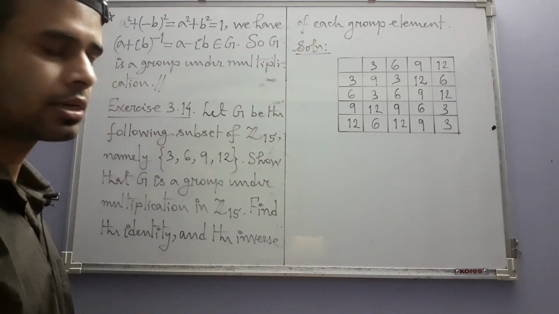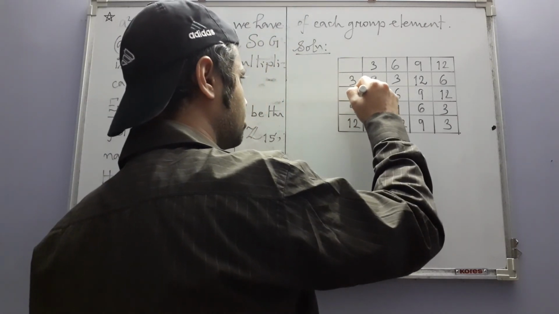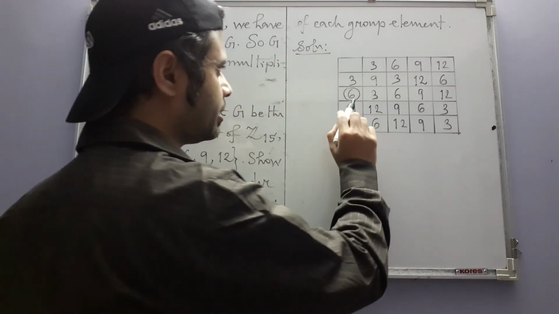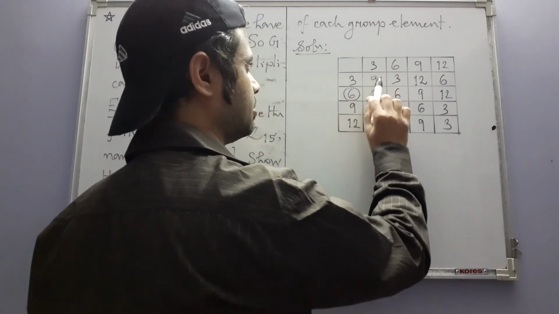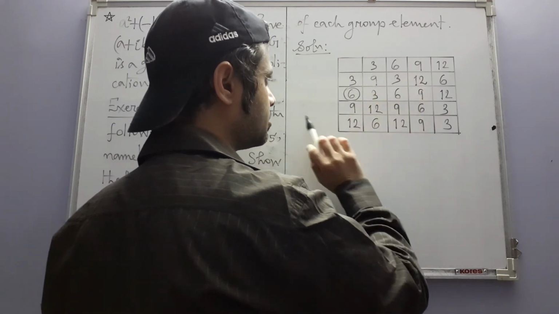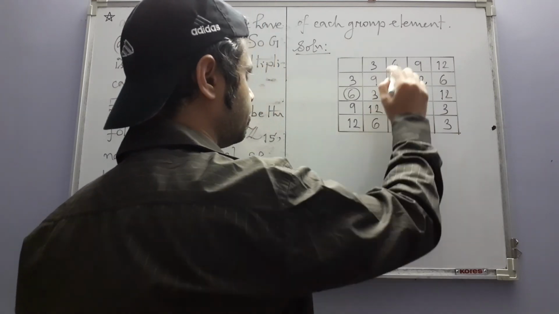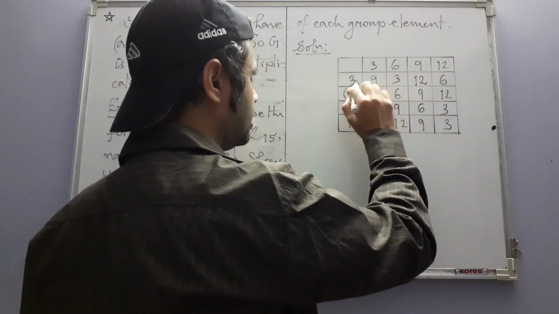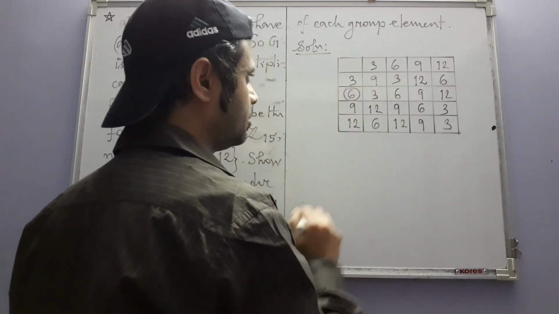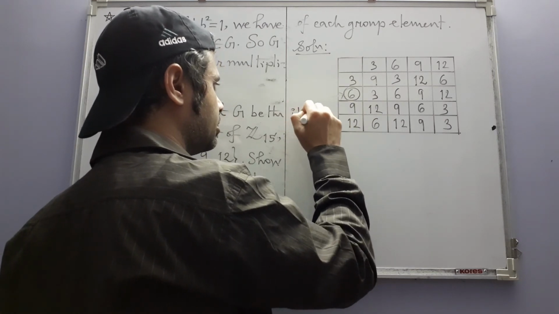You can see that 6 behaves as an identity element. You multiply anything with 6, you get that thing itself. 6 times 3 is 3, 6 times 6 is 6, 9, 12. Like that, if you see on this side, 3 times 6 is 3, 3, 6, 9, 12. So 6 is our identity.